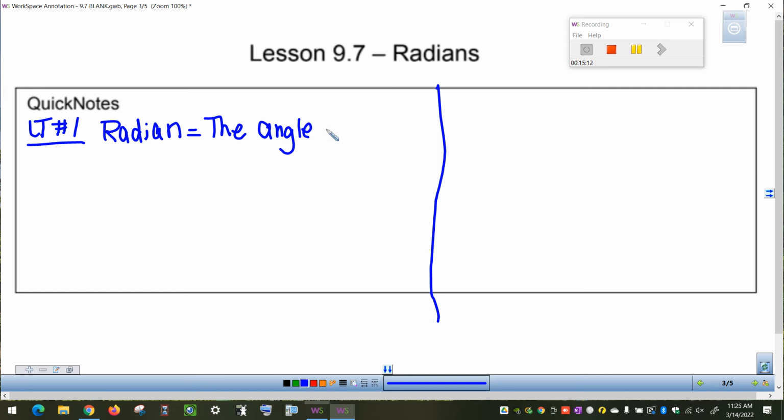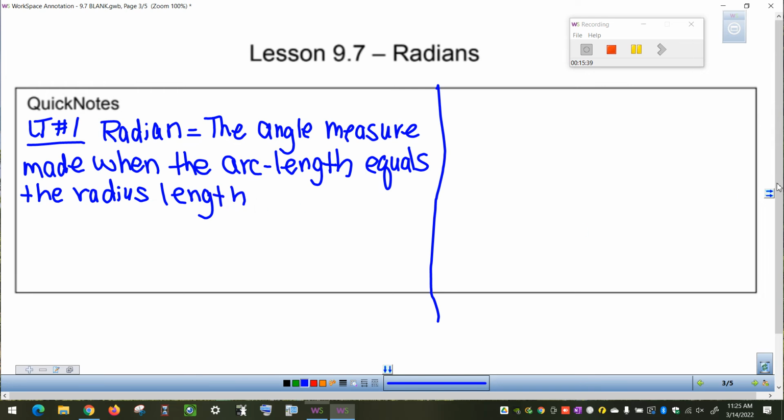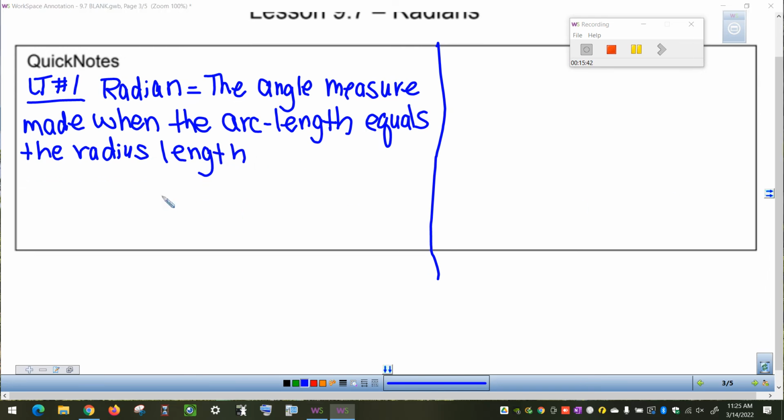So a radian is the angle measure made when the arc length, that's the curved part of our circle, equals the radius length. And we're going to draw a little picture of that here down below.